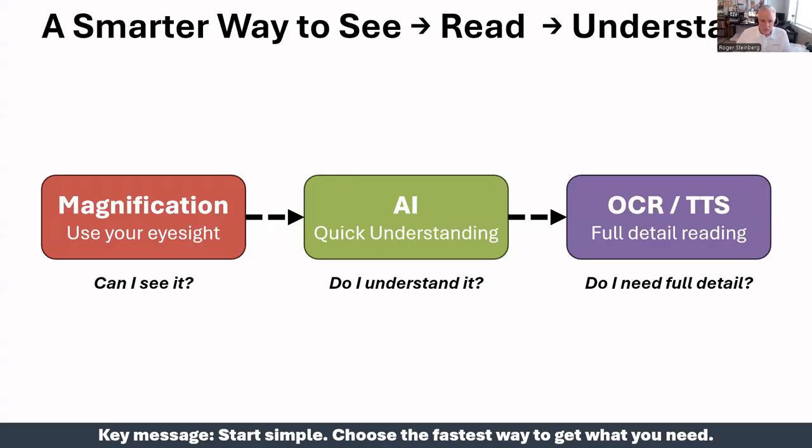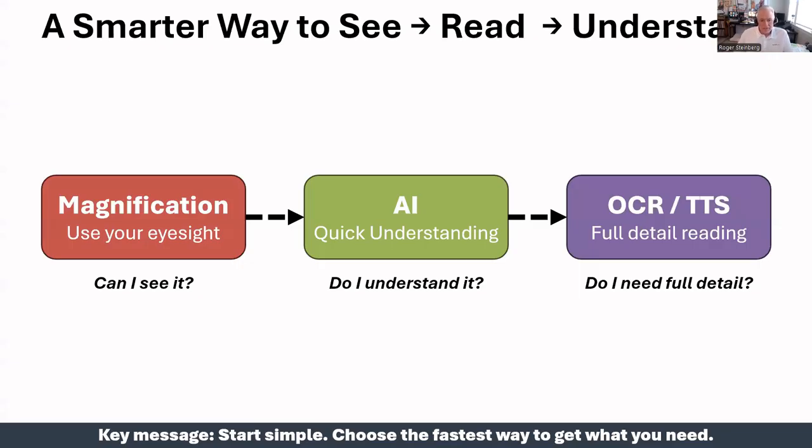I thought about putting double-ended arrows between each one. But certainly we're going to look at magnification first, use your eyesight. Can I see it? Is that enough here? And then use AI for quick understanding. Maybe I need to decide, is this something that I want to go all in on, or do I just need a simple understanding of it? And then OCR and text-to-speech on the far right there, for full, complete details of what I'm looking at.